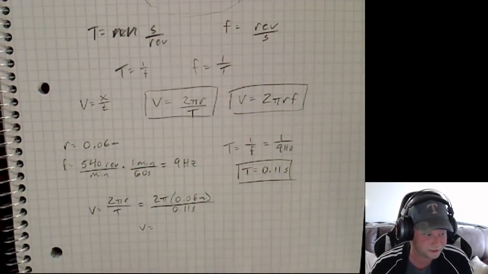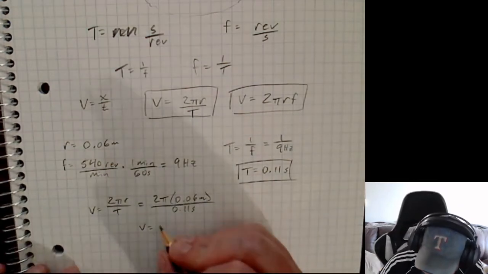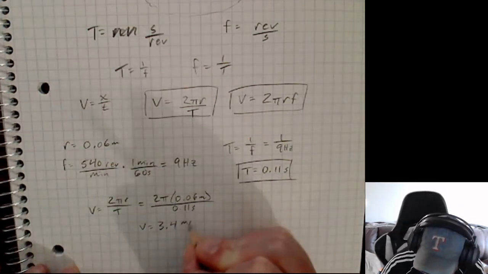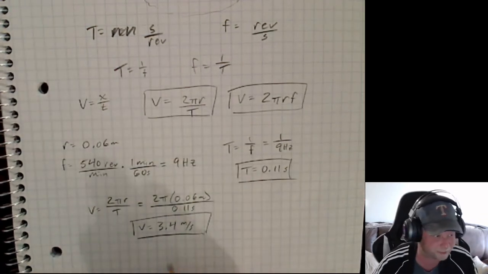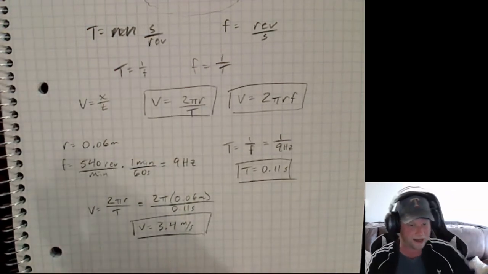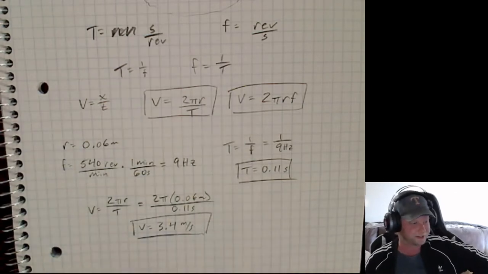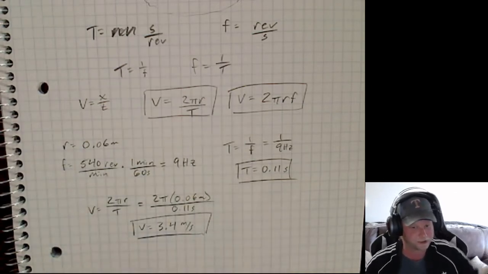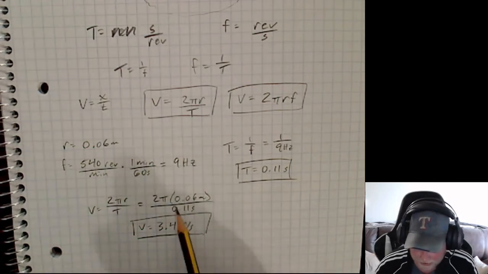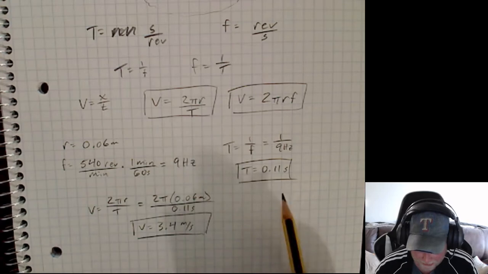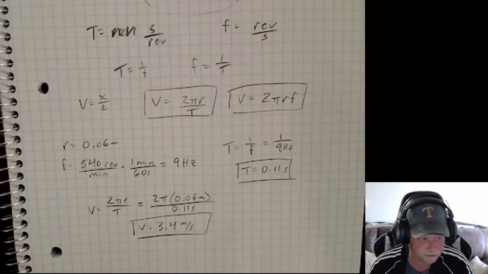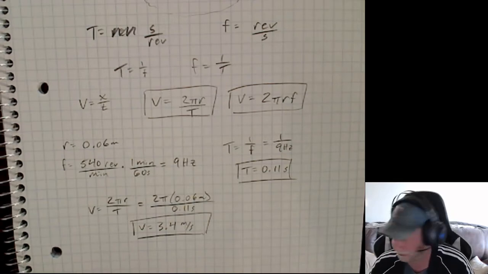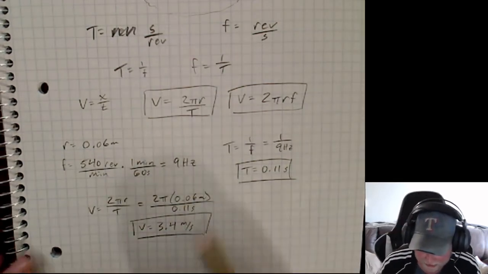So that velocity comes out to roughly 3.4 meters per second. Right, so that's the instantaneous velocity of that speck of dust riding at that distance from the center of the rotational motion. Now, obviously, the greater the radius that dust is located at, the greater the instantaneous speed it's going to have.